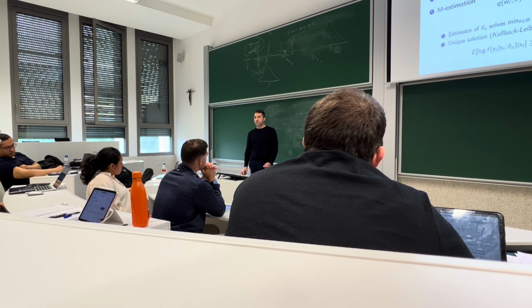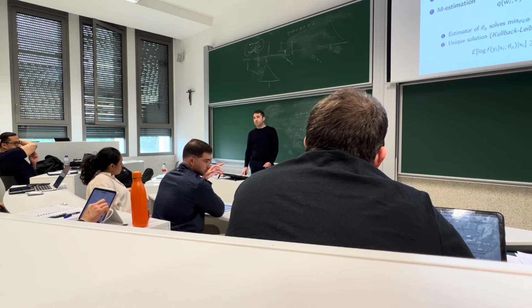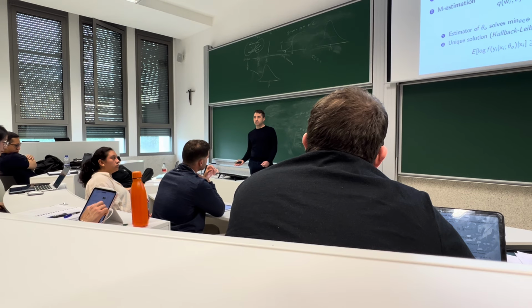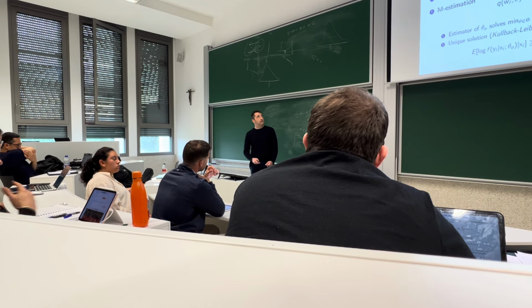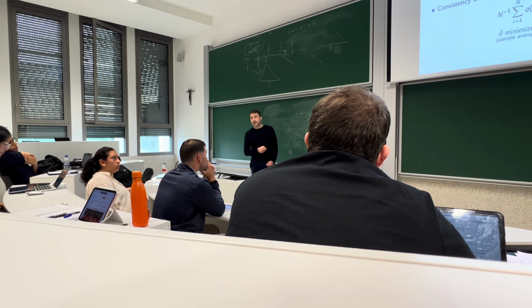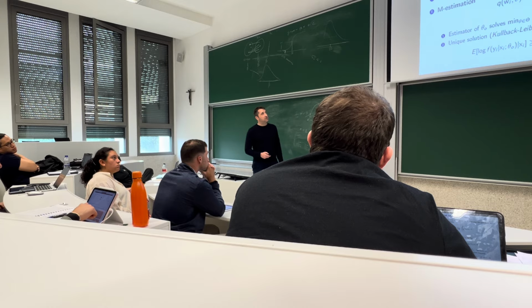If you put a minus in front, this problem becomes a minimization of the function that is a mix of data and parameters, which is exactly what we wrote here. It's exactly the same.